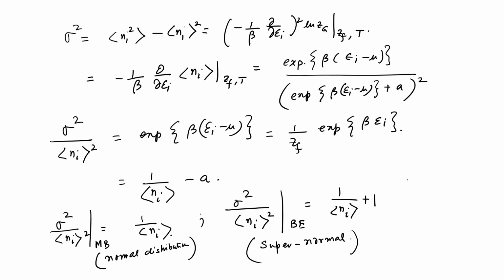And for the other one, that is for the FD, it is equal to 1 by n I minus 1, and this is called the subnormal distribution.